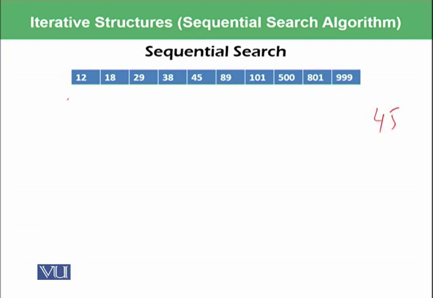We will start from here, from 12, and compare whether the 45 which we want to search is equal to 12 or not, and we will keep doing it until we find 45. And if, for example, we want to search 800, that 800 cannot be found in this list, and when this list ends, this algorithm will finish, this iterative structure will finish.